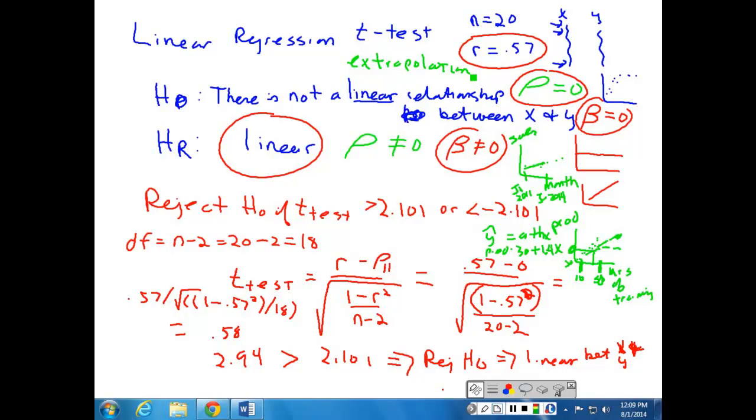Is there a linear relationship between whatever the 2 variables are? So do you have the numbers in your calculator now on list 1 and list 2? So let's go stat, test, arrow up to LinRegTTest. And X would go in L1, Y would go in L2. And then it's going to be a 2-tailed test.